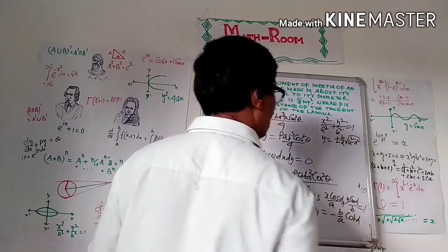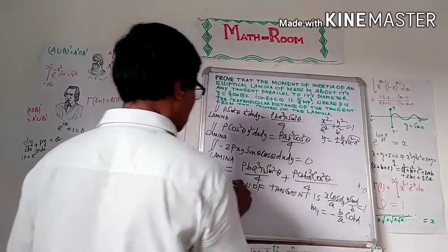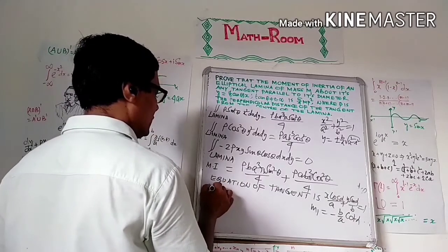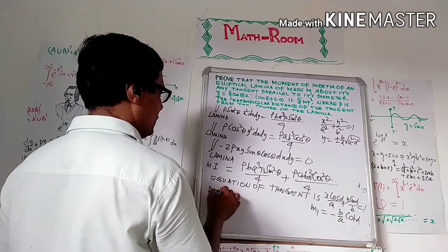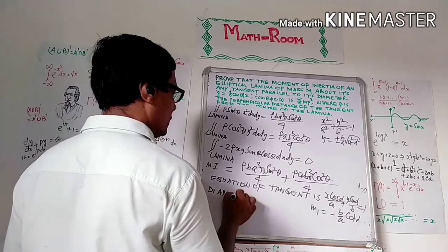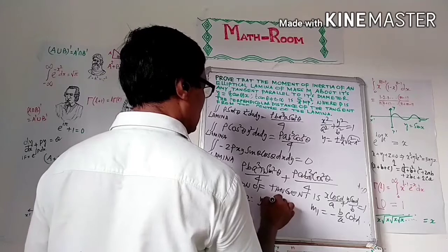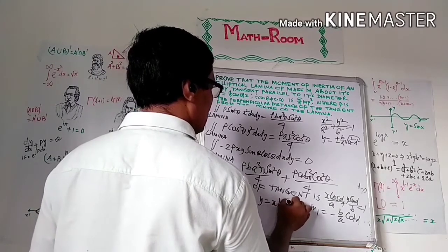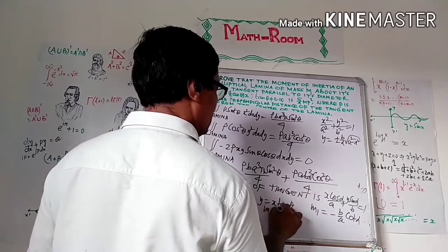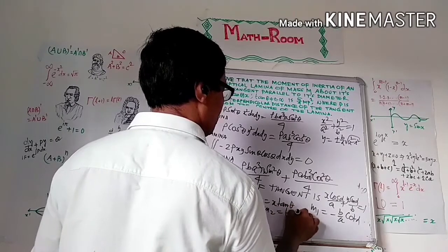This is the gradient of the tangent, and the equation of the diameter is y equal to x tan theta, so its gradient equals tan theta.